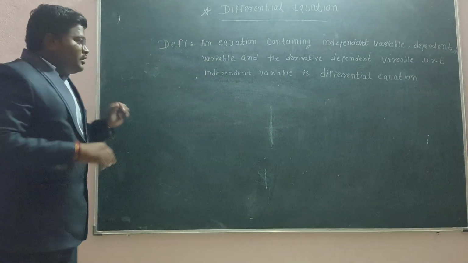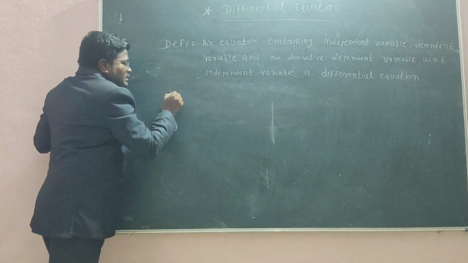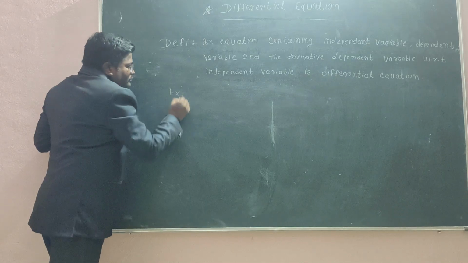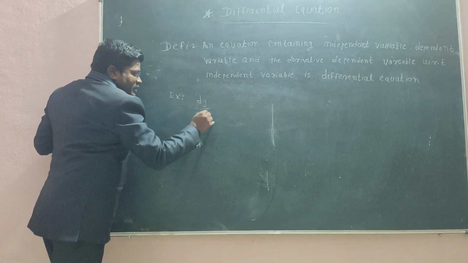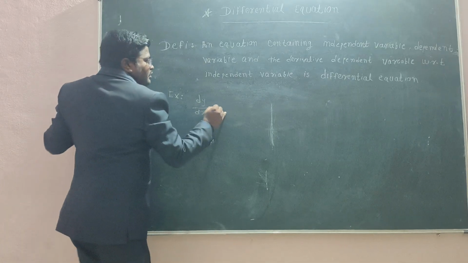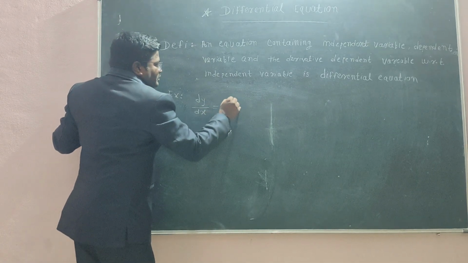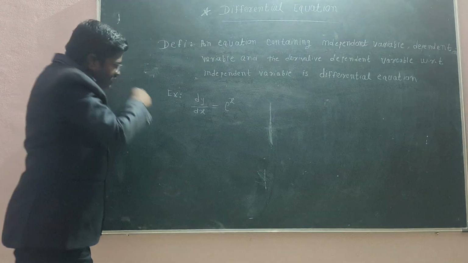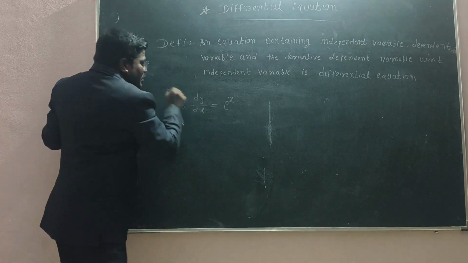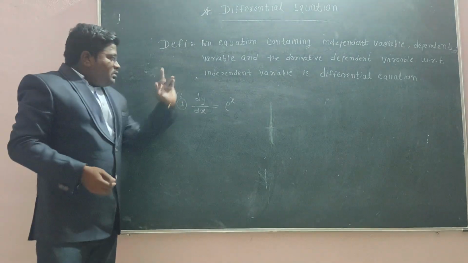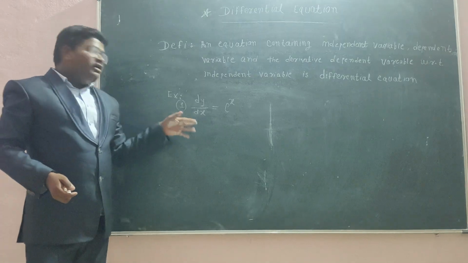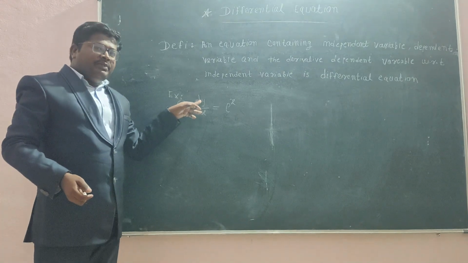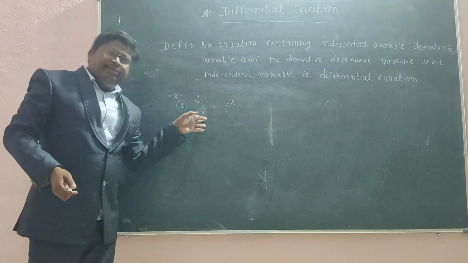Now let us take some examples. Example number 1: dy by dx is equal to e to the power x. In this example, we see the dependent variable y, the independent variable x, and the derivative of the dependent variable with respect to the independent variable.